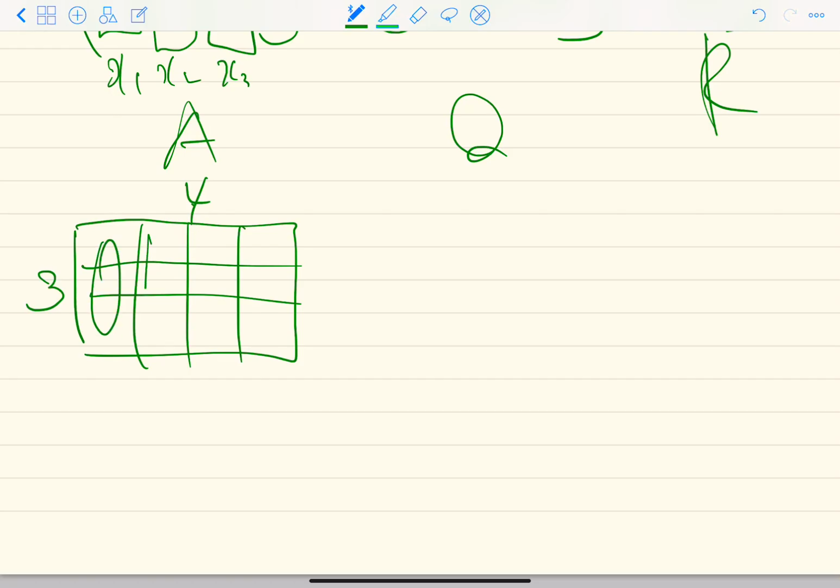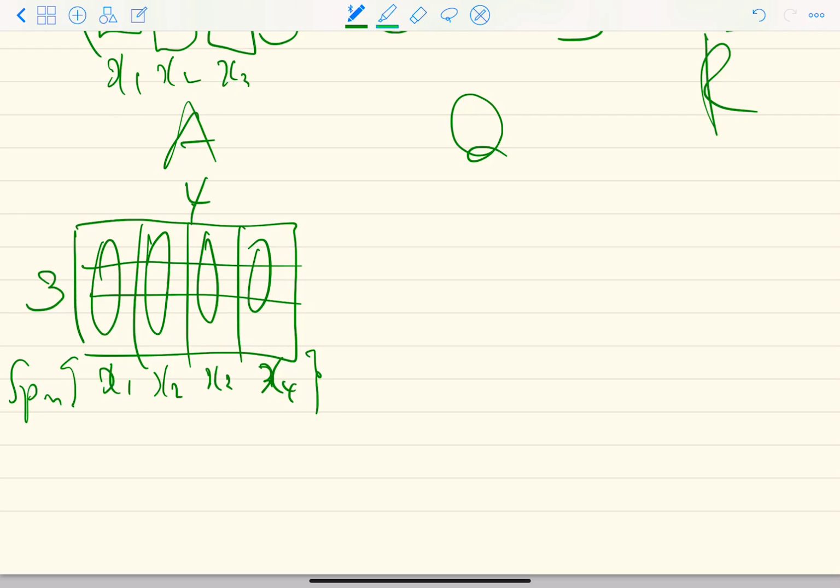So we have x1, x2, x3, and x4, and then we consider the span of these 4 vectors, right? And then suppose, let's consider its echelon form, and we obtain this kind of pattern where we have the pivots in the first, second, and the fourth columns, right?